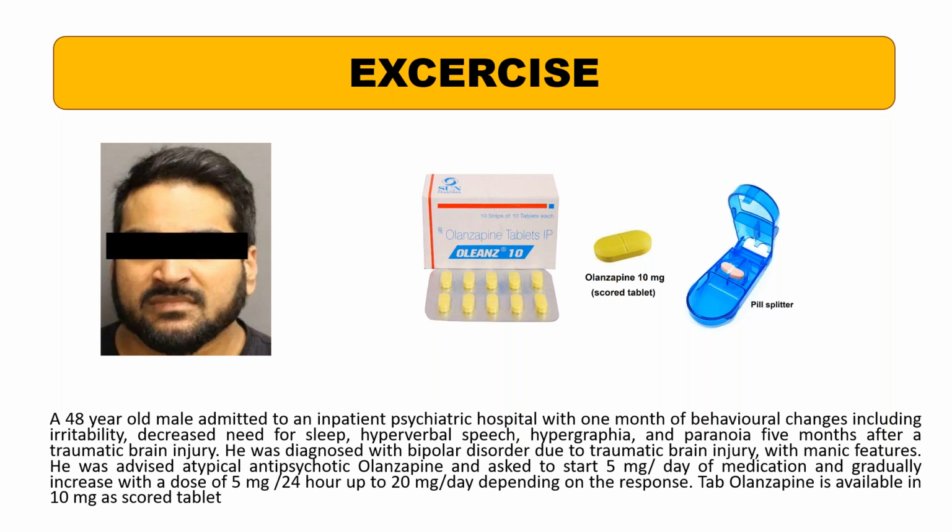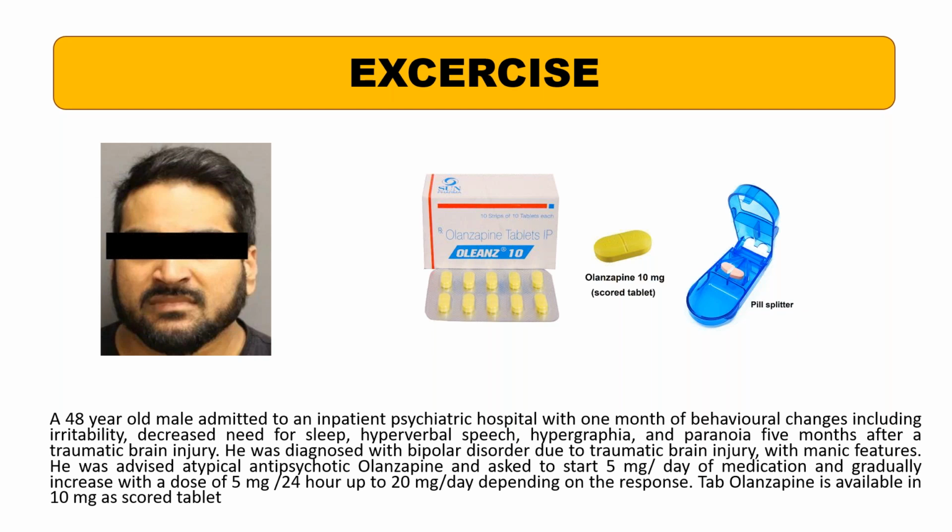So this patient has been diagnosed with bipolar disorder, which is very common after traumatic brain injury, and it also has manic features, and the psychiatrist or clinicians have advised the atypical antipsychotic olanzapine in this particular case.